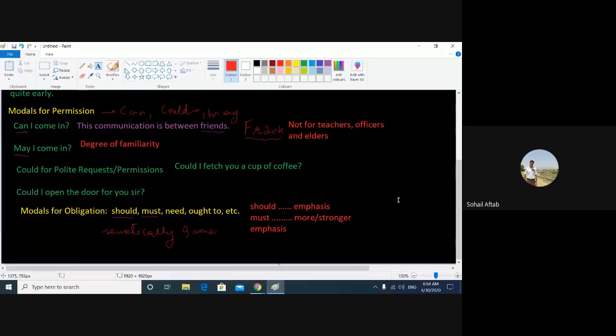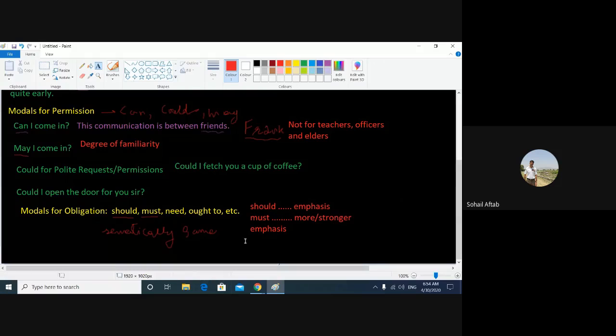You can use, you must not go out. Why? Because there is more emphasis. But if there is less emphasis, you can go with should. Should would be fine.